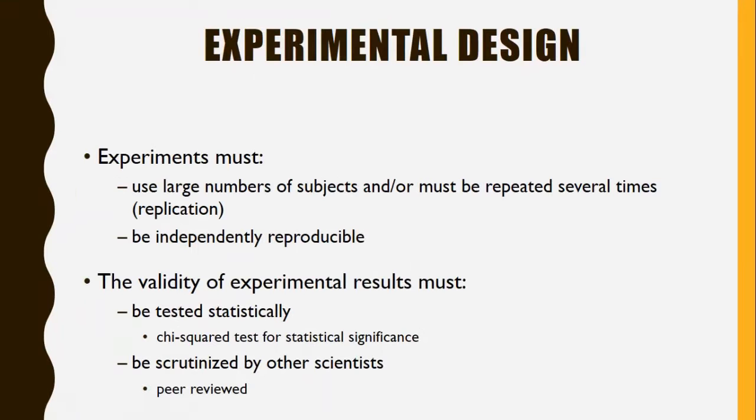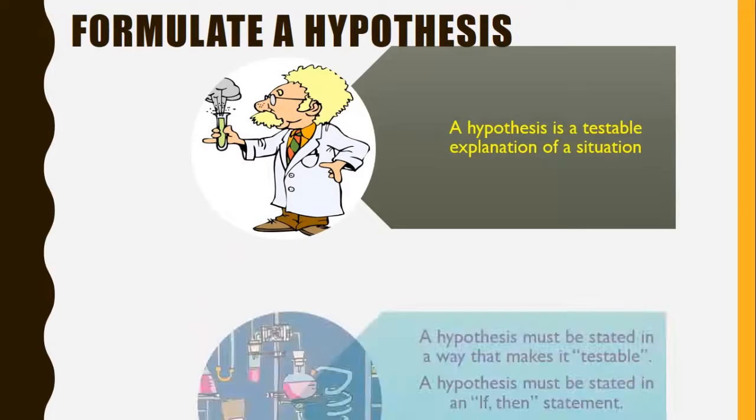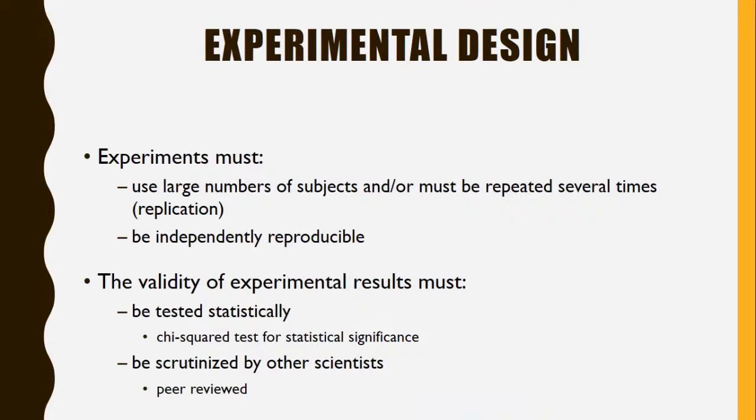So, after we formulate this hypothesis, we're going to test it. We're going to perform an experiment. There are certain criteria for experimental design. In order to have a good experiment, it must be replicated, not just once or twice.